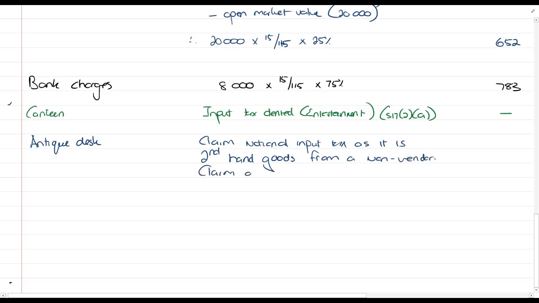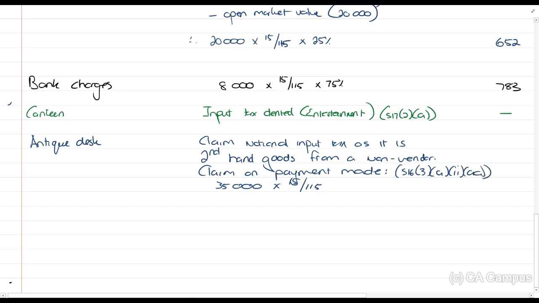Claim on payment made. So 35,000, because that's the amount paid, times 15 over 115. So remember, this is section 16.3a, a big reference there. And because it's for our entire business, we can only claim 75% of that.